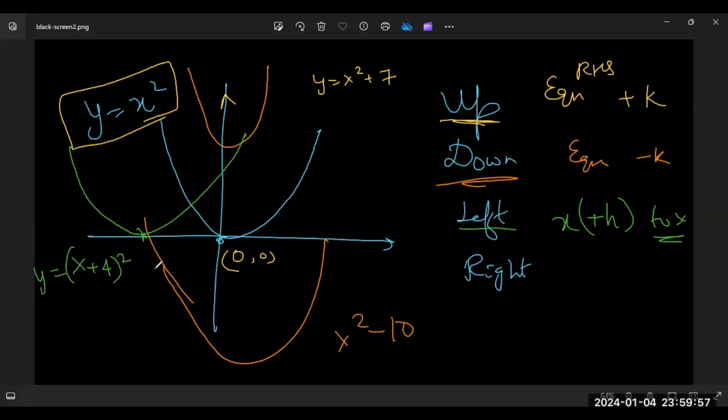So it becomes y is equal to (x plus 4) squared. If I want to shift it to the right by 6 units, what must I do? I must subtract that many units from x. So if you subtract 6 units, (x minus 6) square is equal to y represents that form of a parabola.